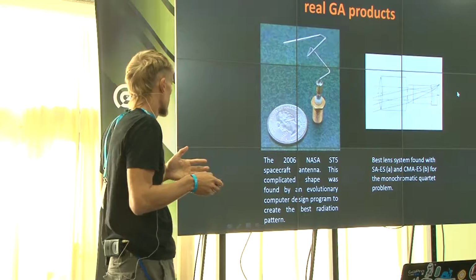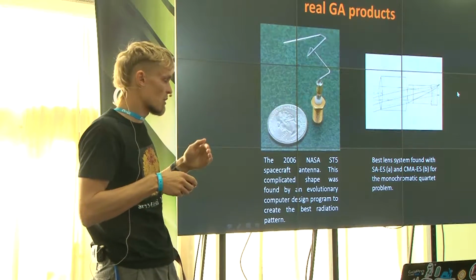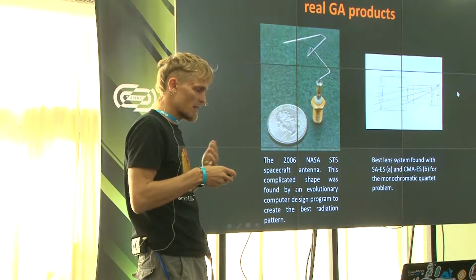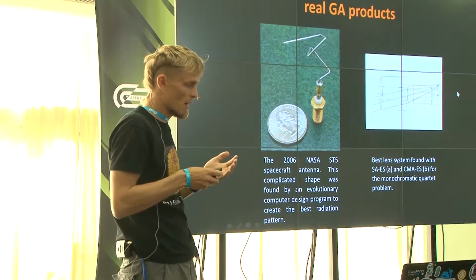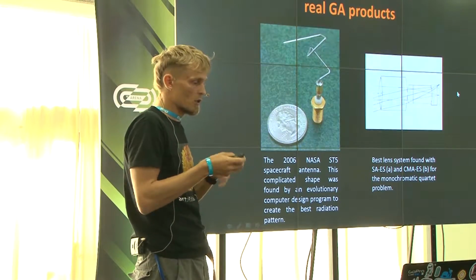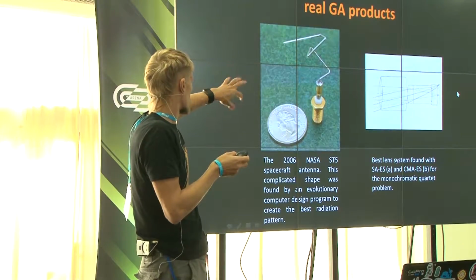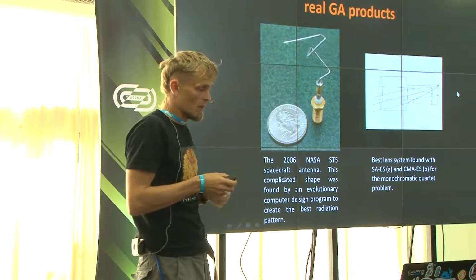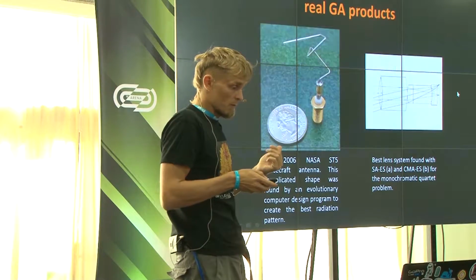The problem was that in space you have a high radiation level, and it doesn't work in the same way as on Earth. This is why they produced this antenna through the genetic algorithm. They used different materials, they used this strange shape, and so on. And this is a real product which is in space, and it works.